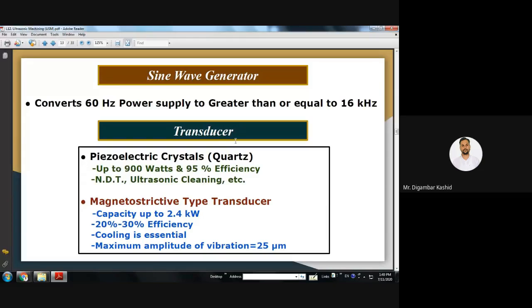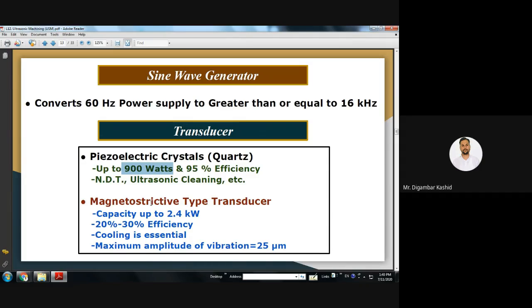And we have another element, that is the transducer. As we know, the transducer is required for the generation of mechanical vibration. The transducer takes the electrical energy and converts it into mechanical vibration. Normally this type of transducer uses piezoelectric crystals, which can have a power of up to 900 watts.